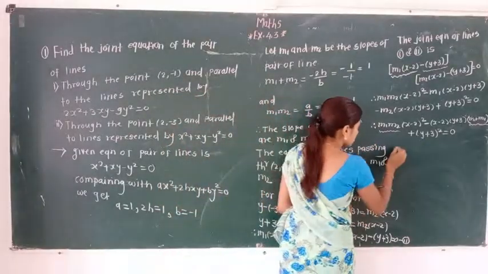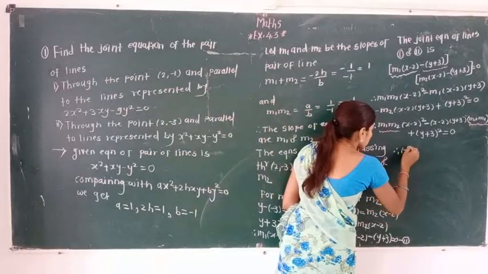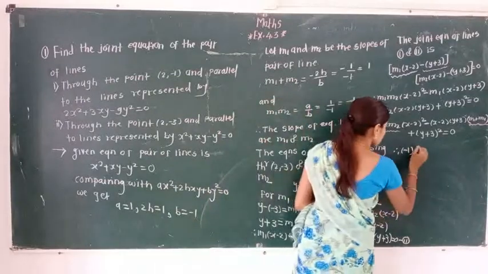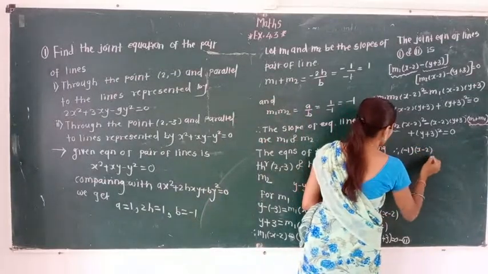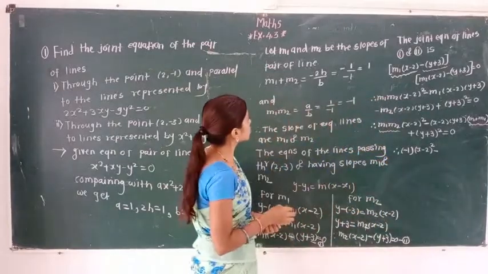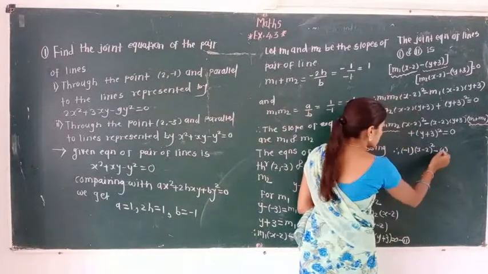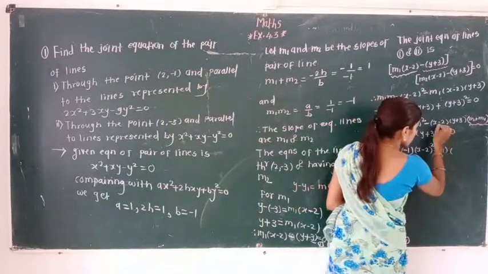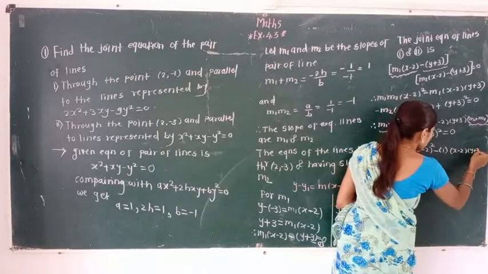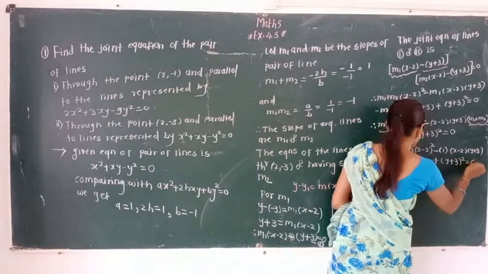The value of m1 into m2 is minus 1, in bracket x minus 2 bracket square, minus the value of m1 plus m2, which is 1, then x minus 2 into y plus 3 plus y plus 3 bracket square is equal to 0.